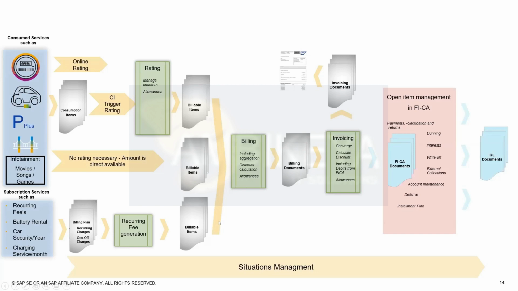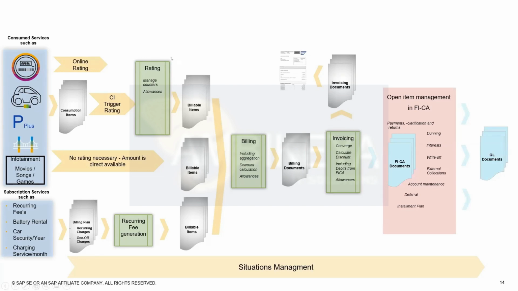Then if we will have all billable items, we will do the billing process, and then at the end, the invoicing process. With the invoicing process, we will post the information into FICA. And then here you can see the FICA processes, like dunning, interest, write-offs, what you know, what is possible, you can do it.